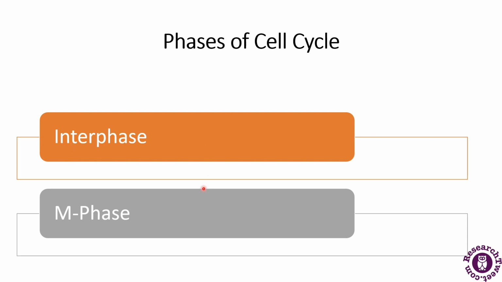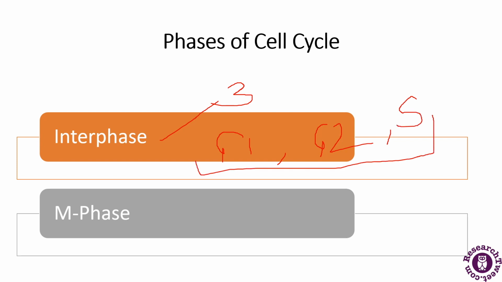Now the interphase has been further divided into three categories, that is G1 phase, the gap 1 phase, G2 phase, the gap 2 phase, and the S phase.